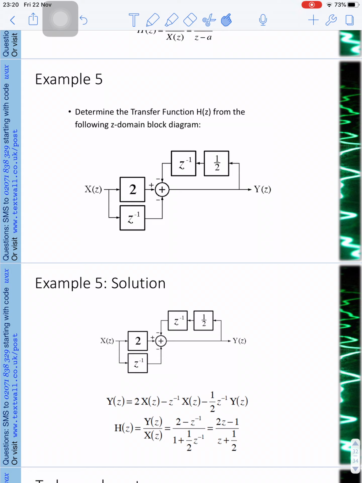So in these cases, we are going to form a block diagram to see what the corresponding transfer function is. This is very interesting. Firstly, here we are going to scale by 2, right? So here we have 2X(z). And then this is minus z to the power of minus 1 X(z).